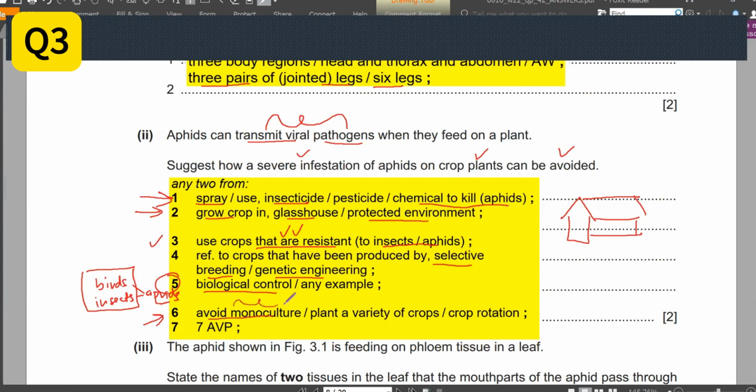Monoculture means we have all of the same crops on one plot of land. This is not ideal because we will use up all of the nutrients in that plot. So we need to keep changing to different crops so that we can replenish the nutrients in the plot. So plant a variety of crops, for example, do a crop rotation.